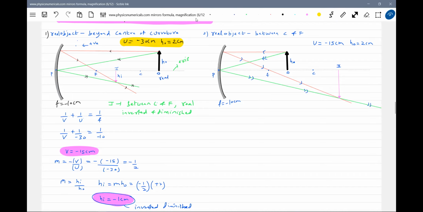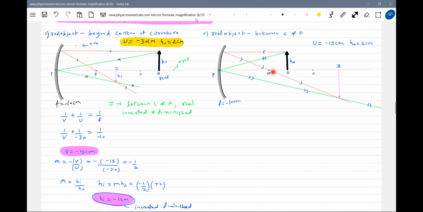Between F and C. The object is kept between focus and center of curvature. The incident ray after reflection from the mirror should pass through the focus. Then another ray, incident at the pole, after reflection will get reflected symmetrically and will intersect the red color ray, the other reflected ray, at this point. So this will be the location of the image.